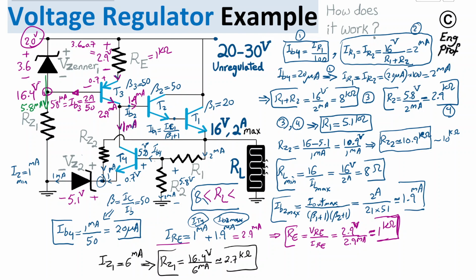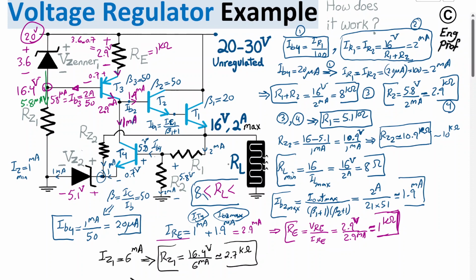If you reduce RL below the 8 ohm that is allowed, then the circuit is not able to provide the current, and for RL less than 8 there is no guarantee for 16 volt to be maintained. The voltages start dropping, because these transistors are not able, according to this design, to provide more than 2 amp. So if you reduce RL below 8 ohm, the circuit starts failing in the sense that the output voltages start dropping.